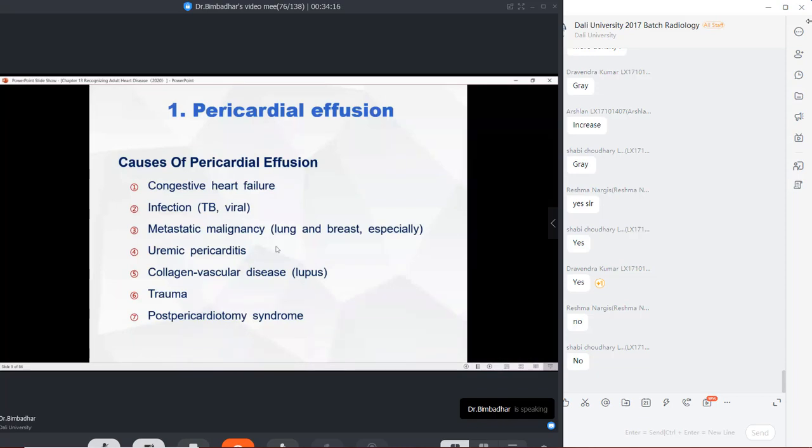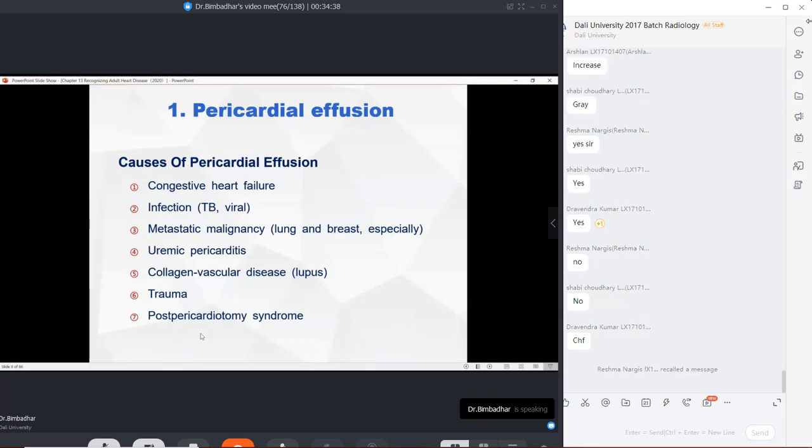Mostly congestive heart failure, TB, viral infections, and metastatic malignancy, especially from the lung and the breast, uremic pericarditis, collagen vascular diseases, systemic lupus erythematosus, discoid lupus erythematosus, trauma, blood, and post-pericardiotomy syndrome. All of them are diseases that cause an increase in pericardial effusion.